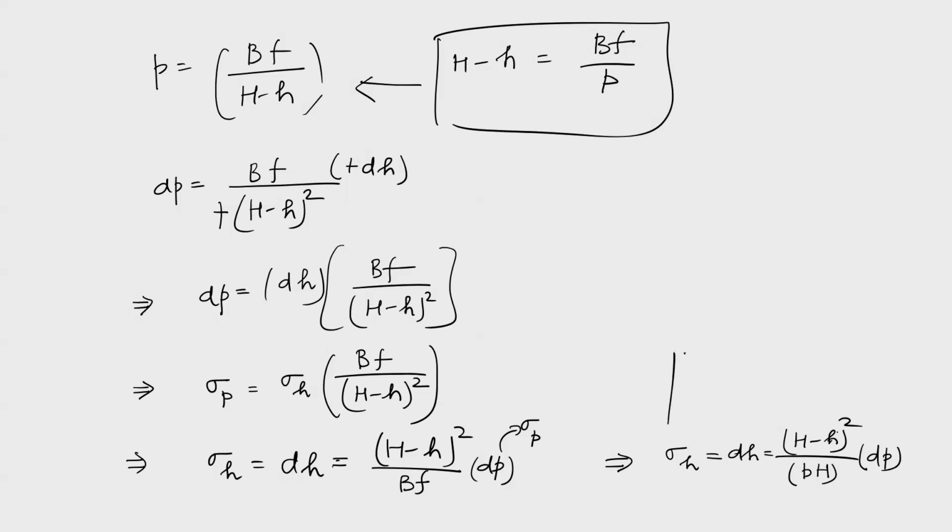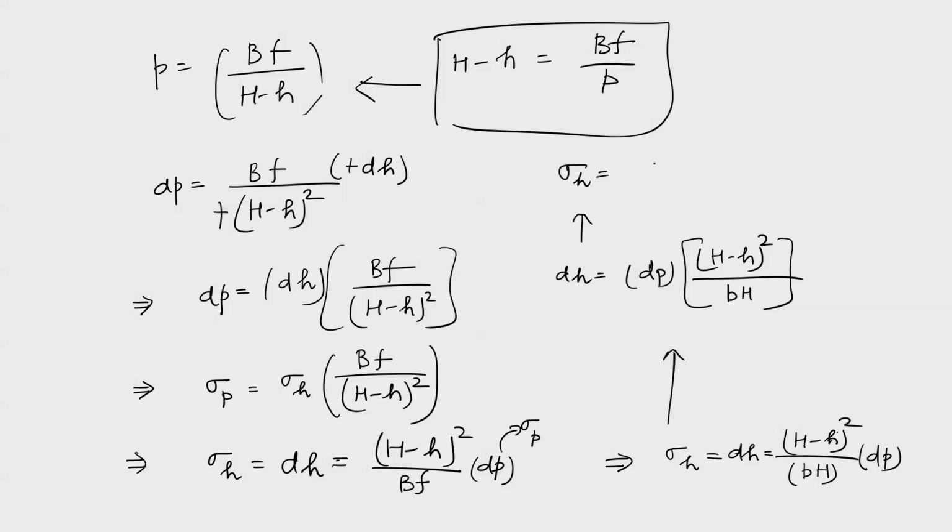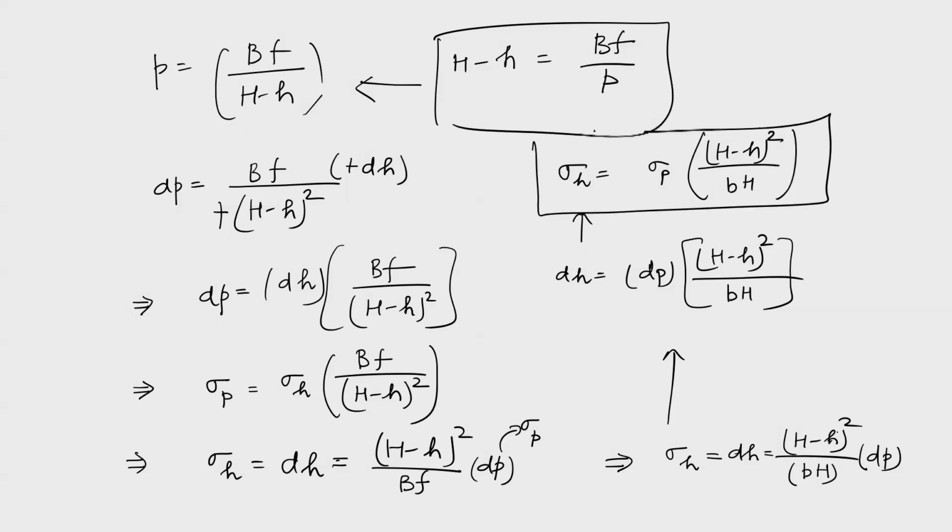So finally I write dH is also given by dP into (H minus H square) divided by (B into H), right. And therefore I write here sigma H is equal to sigma P into (H minus H whole square) divided by BH, like this, and these two formulas we have.